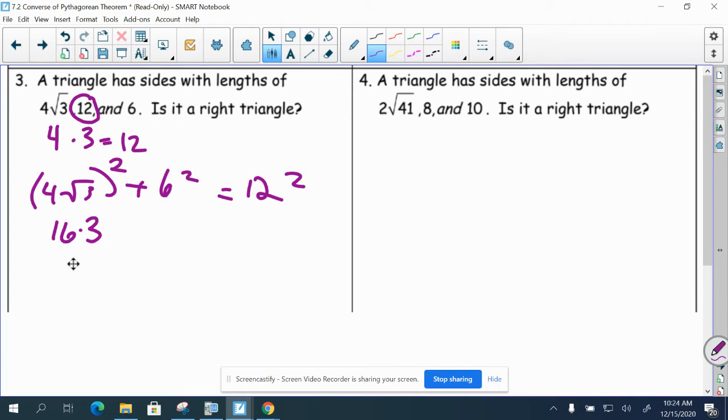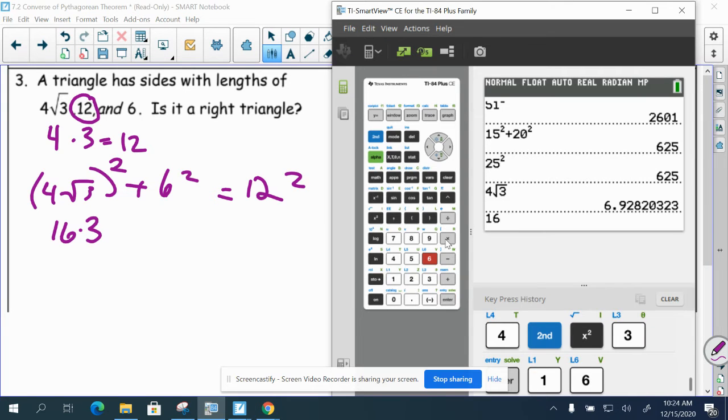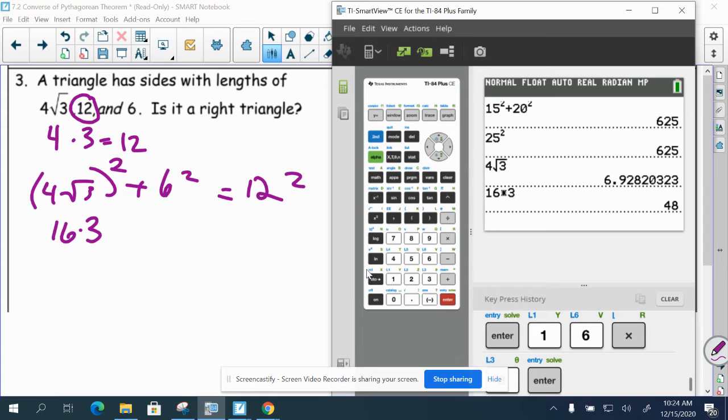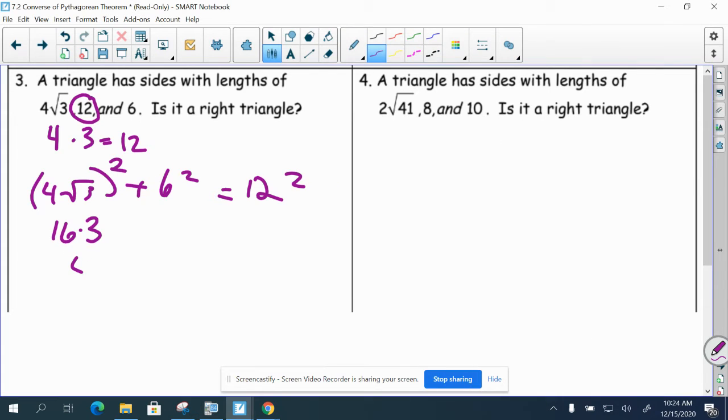So 16 times 3 is 64, I think. Let me double check that. 48, sorry. So 48 plus 36. And then that should be equal to, I know the 12 squared is 144. So I'm not thinking that 48 and 36 are going to add up to 144. So this would be no, not a right triangle.